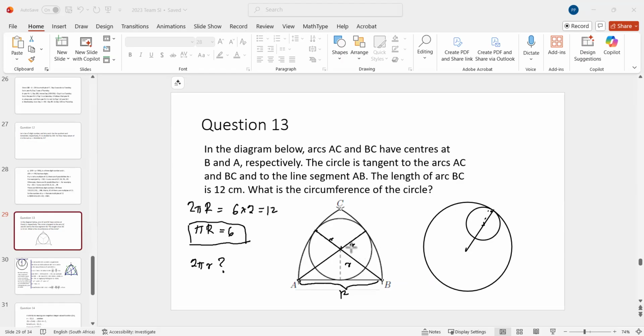all right, so you got this is small r. Now we can see something interesting. I'm trying to calculate the small r. This entire thing here is a radius of the large circle.